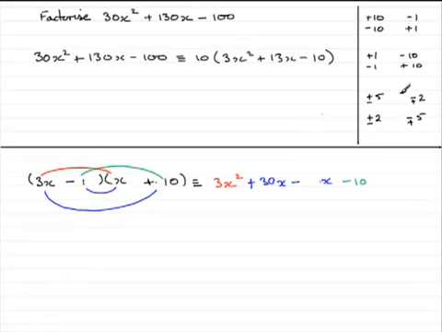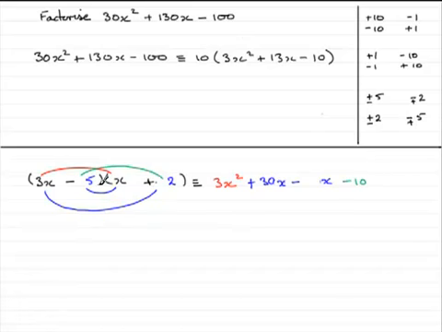So we've got to try a 5 and a 2 combination, and if that doesn't work, a 2 and a 5 combination. Let's try 5 and 2. Again, don't worry too much about the signs, as long as they've got opposite signs, that will give us the minus 10.